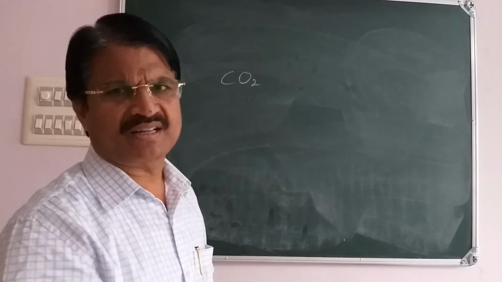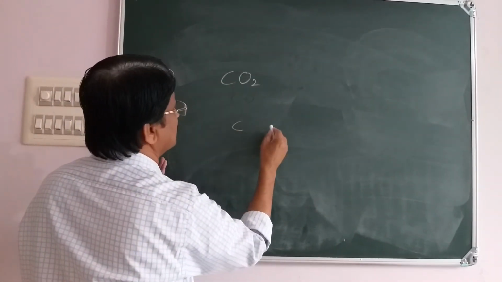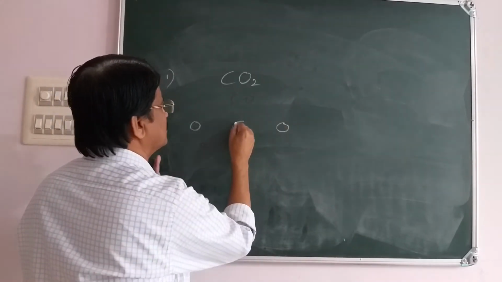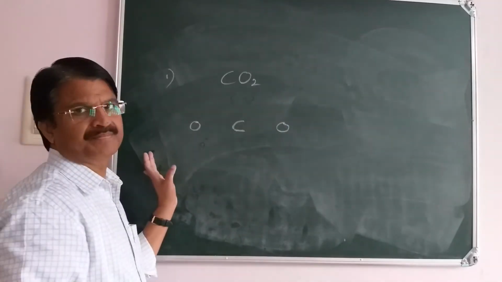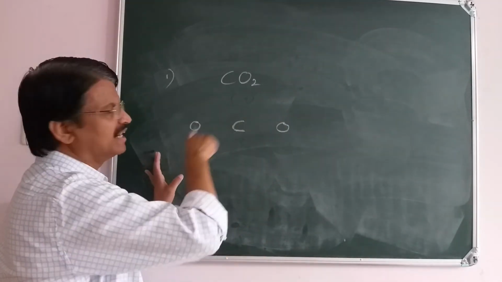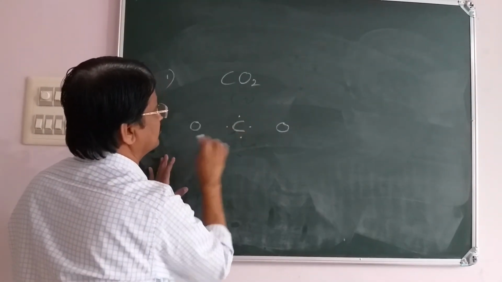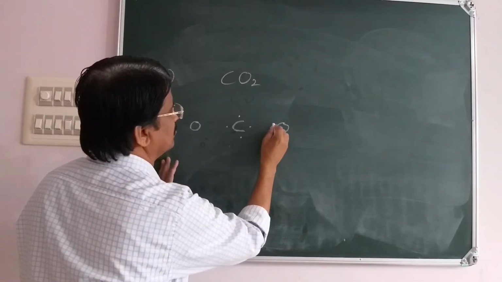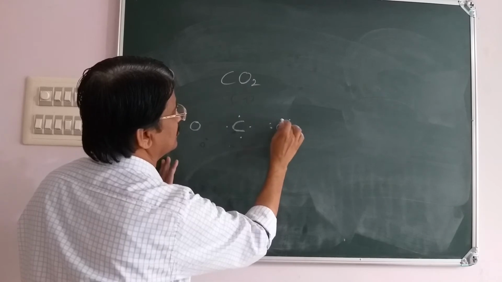Any question they can ask about Lewis dot structure. Better to write the same formula, CO2, because we know CO2 has a linear structure, and write valence electrons around C: 1, 2, 3, 4. Next 1, 2, 3, 4, 5, 6.